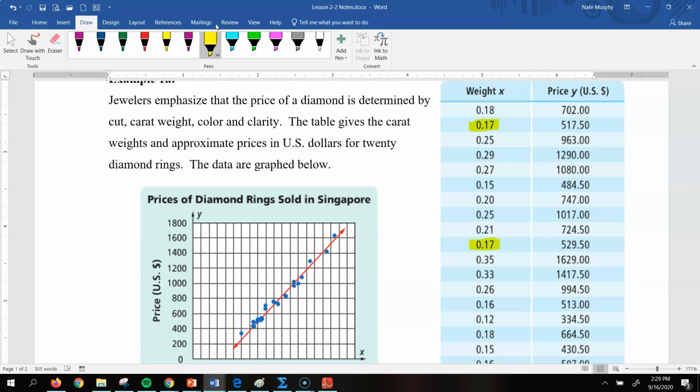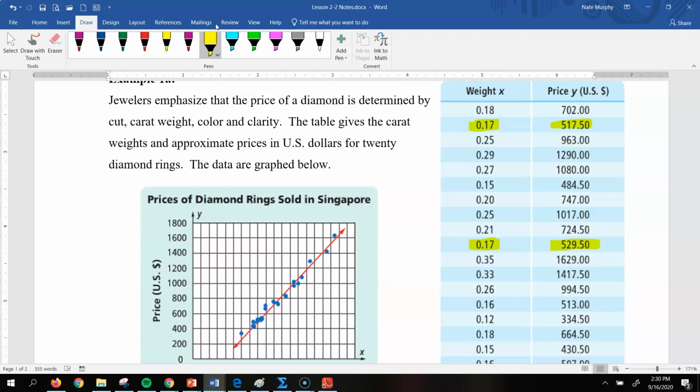This one here is a $517.50 diamond. This one's $529.50. The reason for that price difference, like the paragraph said, is they're valued based on not just their weight, but also the color and clarity. The slightly more expensive one might have fewer flaws, might be a little bit clearer. So that's why that one might be a little bit more expensive.